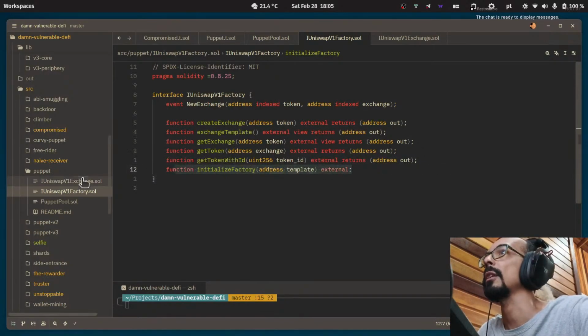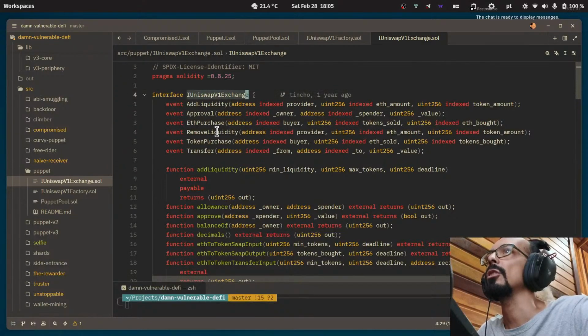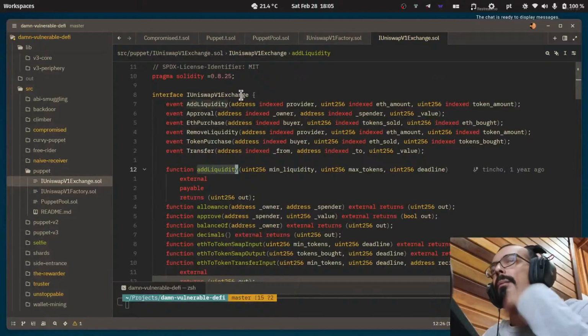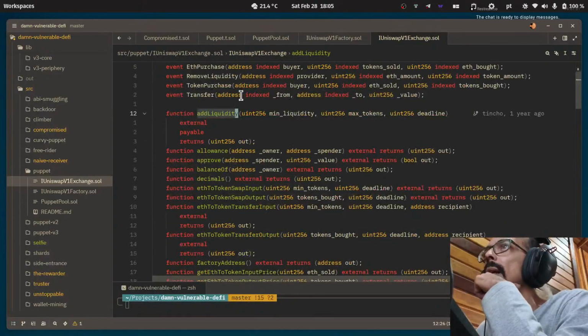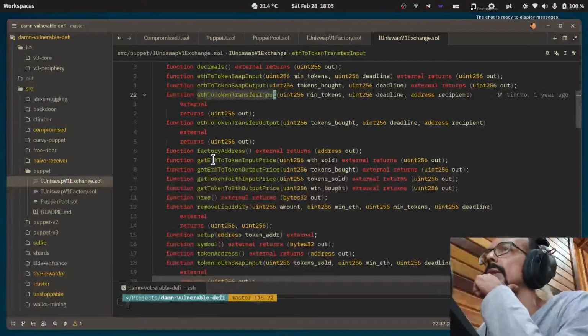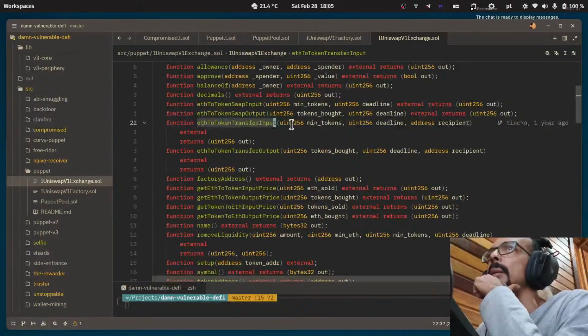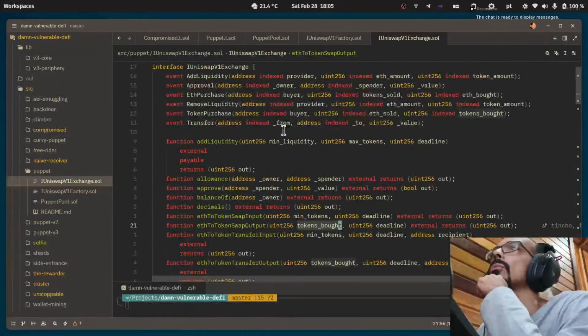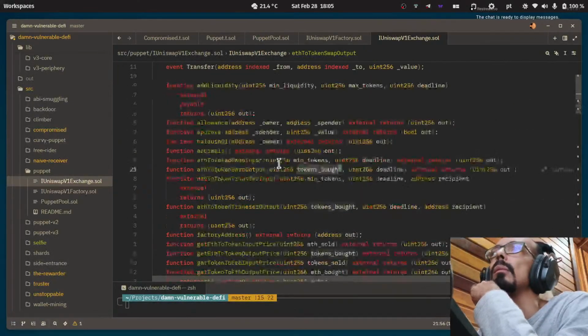Maybe I can re-initialize. So here in exchange, we have some events. We have added liquidity. We have allowance, approve, balance, Ethereum swaps, transfers. I remember some bugs where we can manipulate the values in swaps.